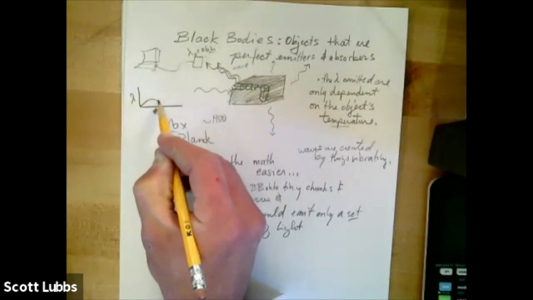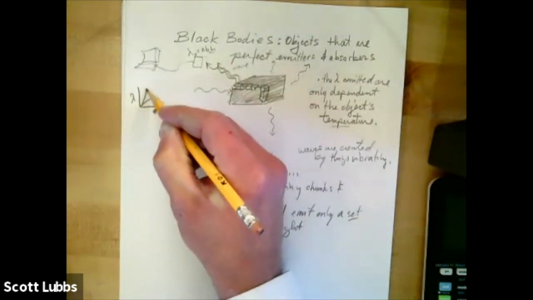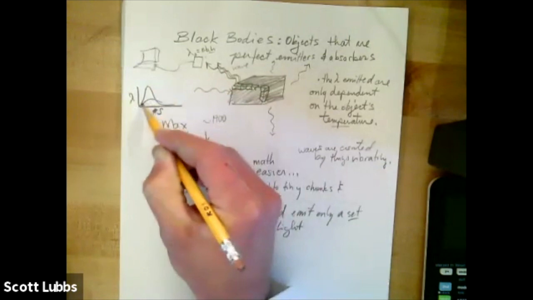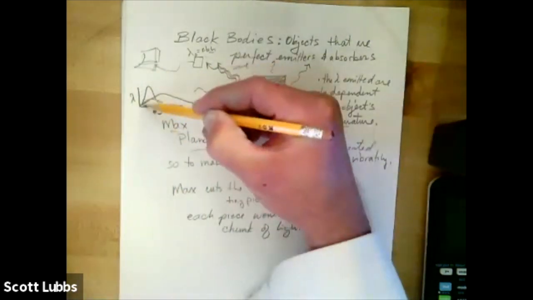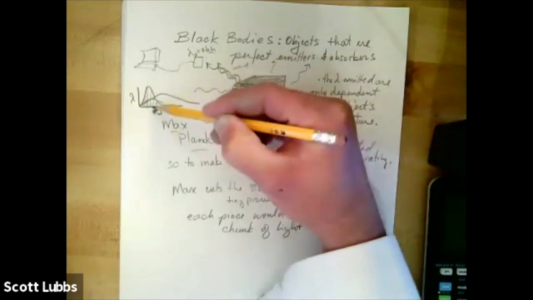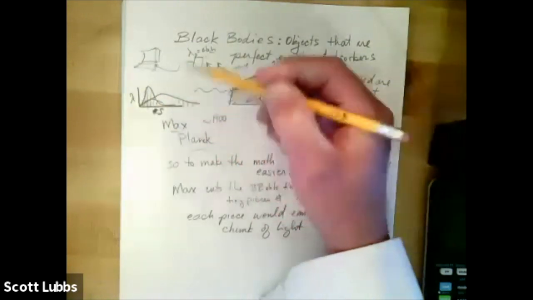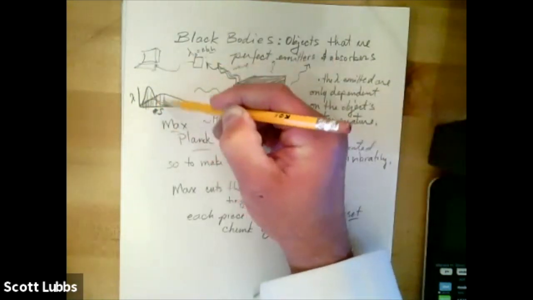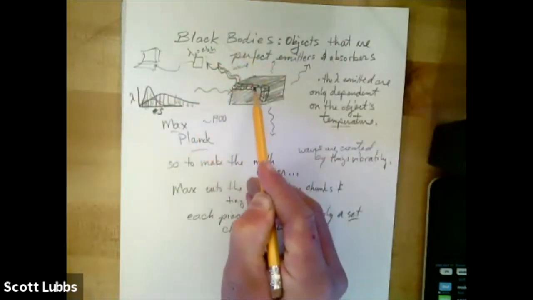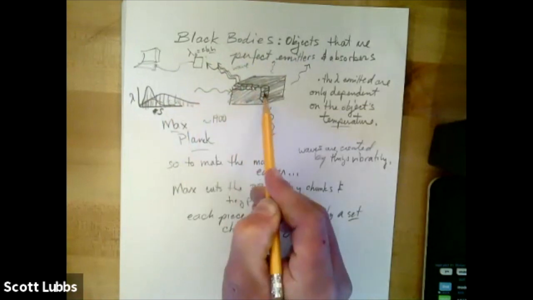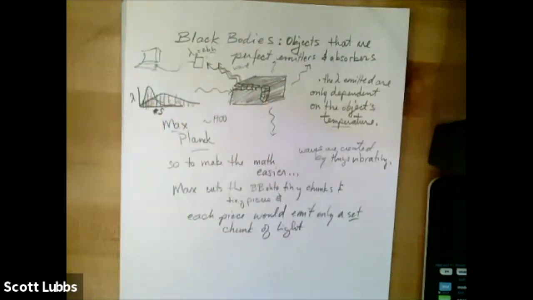Cold things come up like this, warm things go off like that. So he took the frequencies, chunked it all up, and said this little chunk is emitting this one, this little chunk is emitting this one, this little chunk is emitting this one, just to make the math easier.